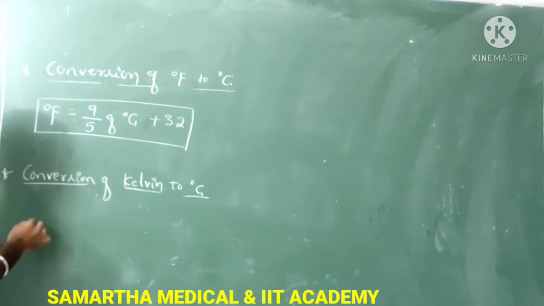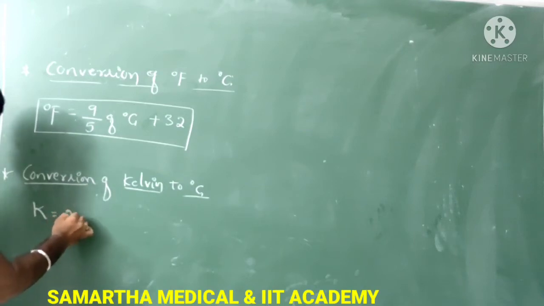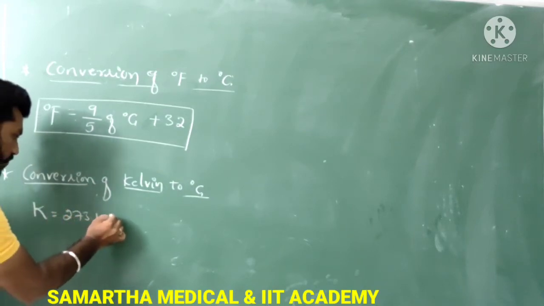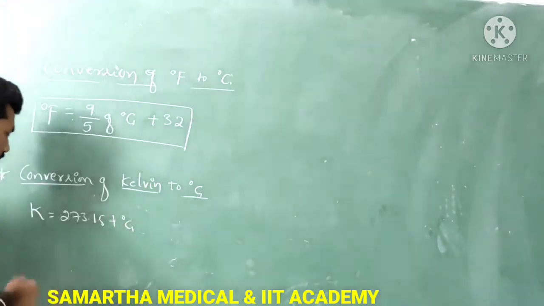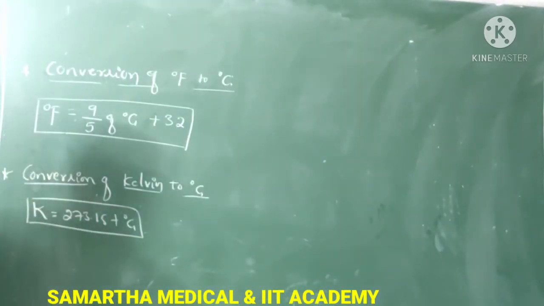Then suppose we have Kelvin, the conversion of Kelvin to degree Celsius or degree Celsius to Kelvin. The formula is Kelvin equals 273.15 plus degree Celsius. This is a very simple formula, and you guys know that very well.